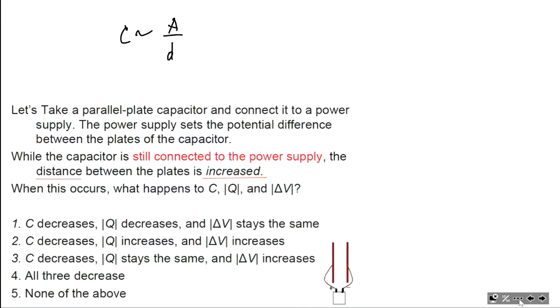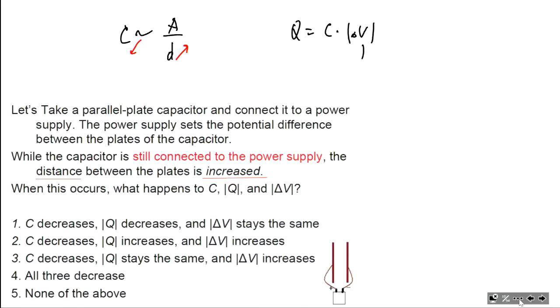So if the distance between the plates increases, that makes capacitance lower, decreases. That's what we know. On the other hand, charge, capacitance, and voltage are related by this equation, a definition of capacitance.